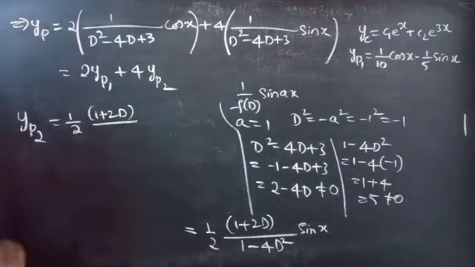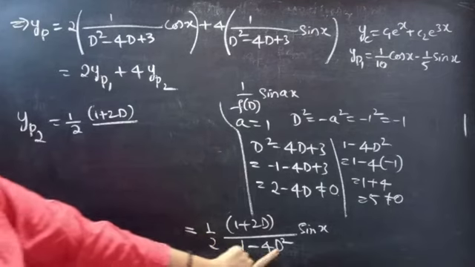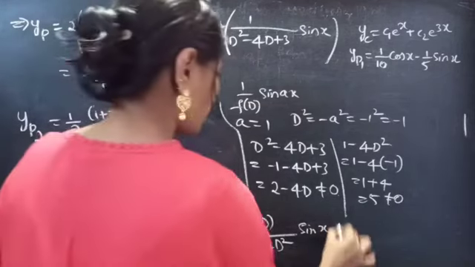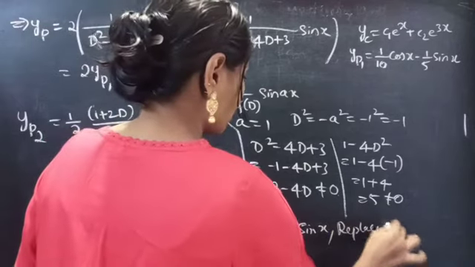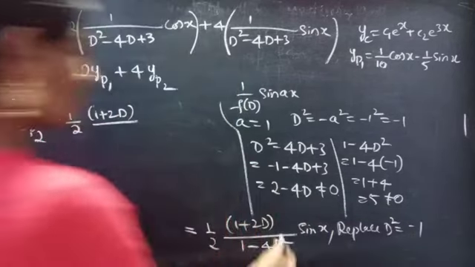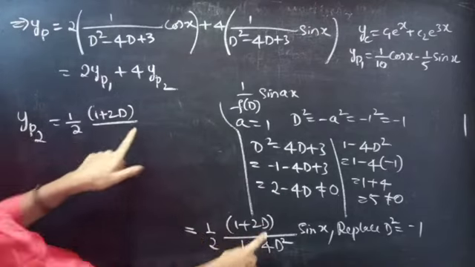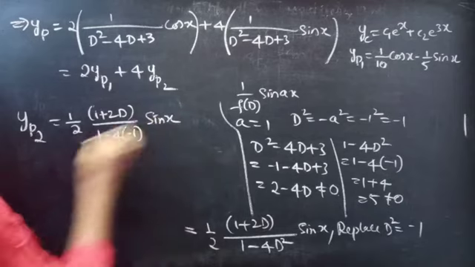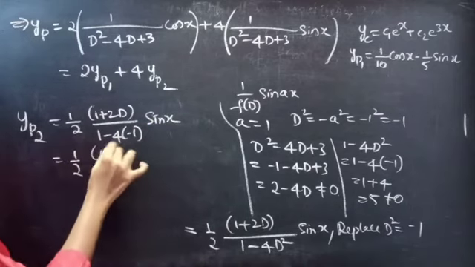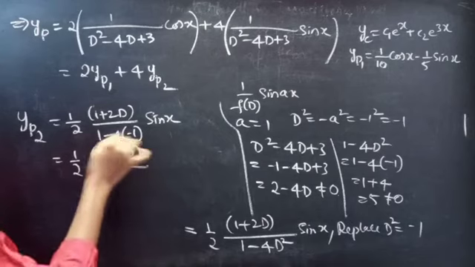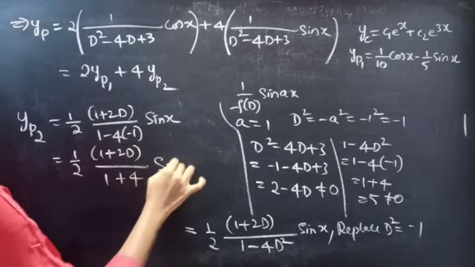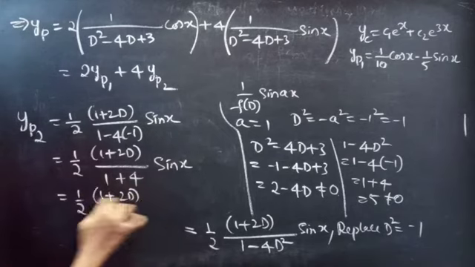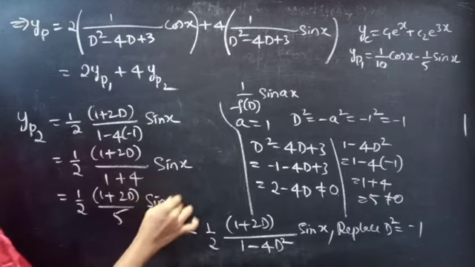So the denominator becomes non-zero by replacing D square by minus 1, right? So here we need to replace D square by minus 1. Then this becomes 1 by 2 into (1 plus 2D) by (1 minus 4 into minus 1) into sin x, which is equal to 1 by 2 into (1 plus 2D) by 5 into sin x.